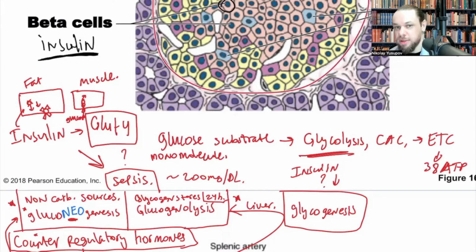Just a note on that, right? The central nervous system is not insulin dependent for glucose utilization. So your CNS and red blood cells don't need insulin to bind there to drive glucose. Your adipose tissue, fat cells, and muscle tissue really need insulin in order to uptake sugar.